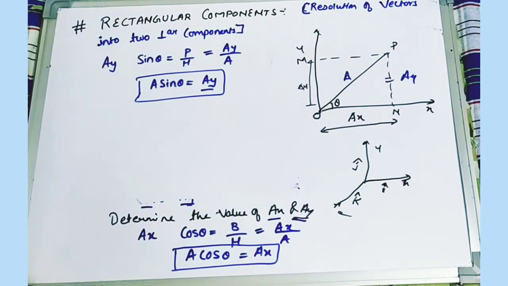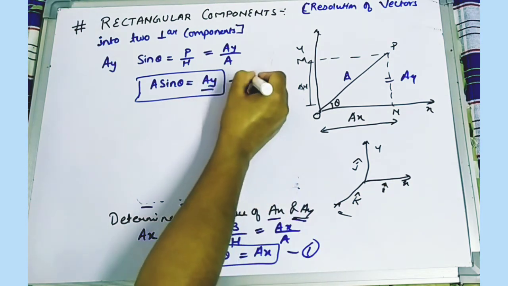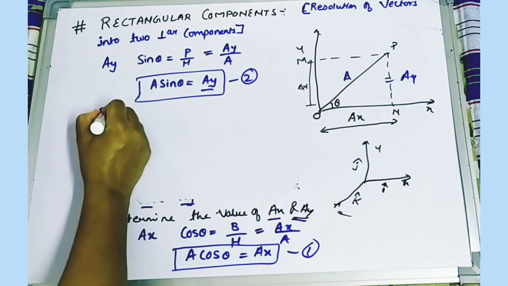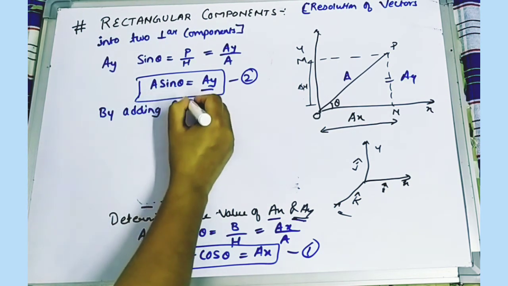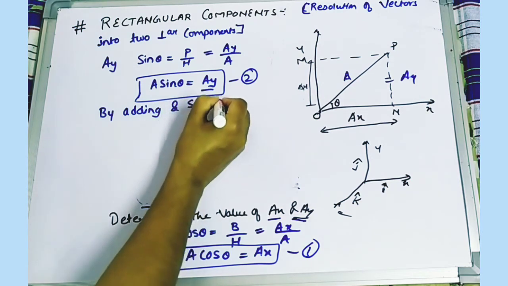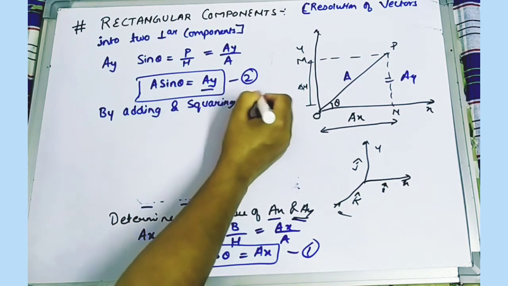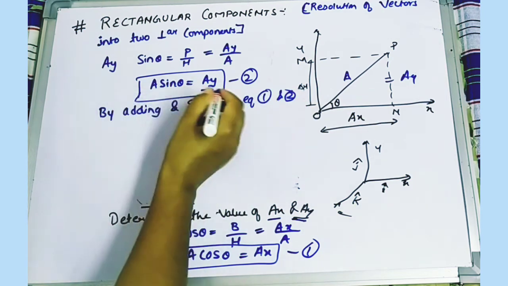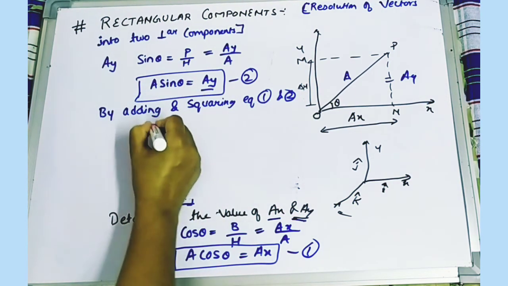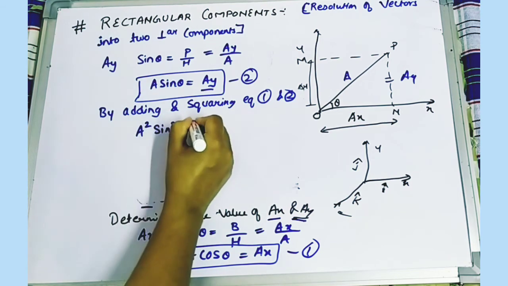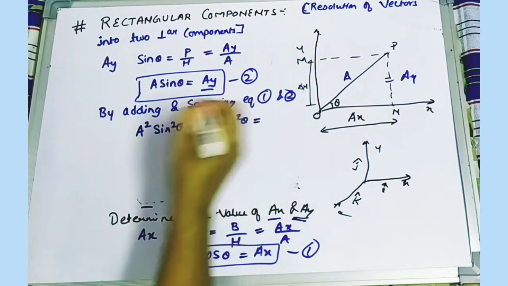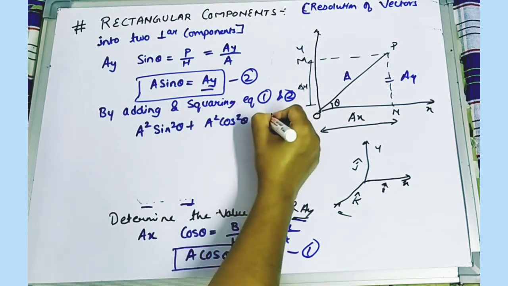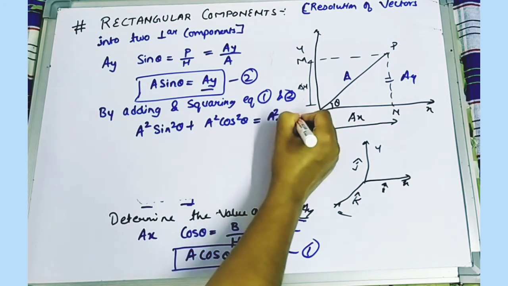Let me call this equation 1 and this equation 2. By squaring and adding equations 1 and 2, we get A square sin square theta plus A square cos square theta is equal to AX square plus AY square.